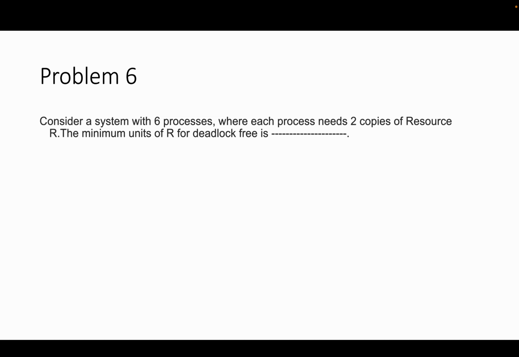But if there is one more unit available, then that unit will be taken by one of the processes. It will finish execution, release the resources that it has, and then another process can execute. So there will be no deadlock if there are 7 units of resource R. So here the answer is 7.